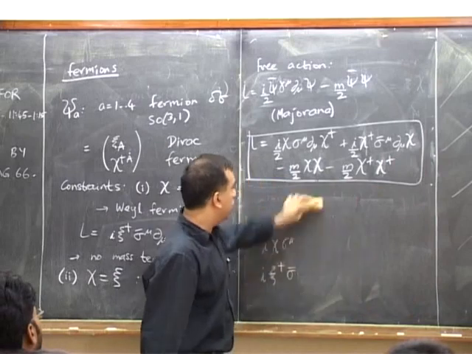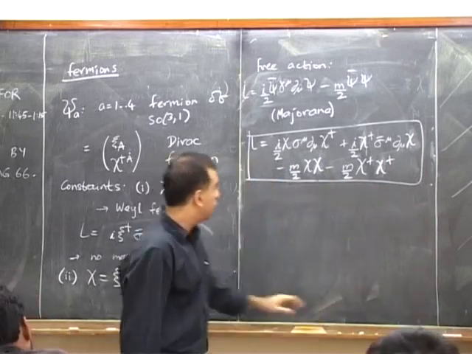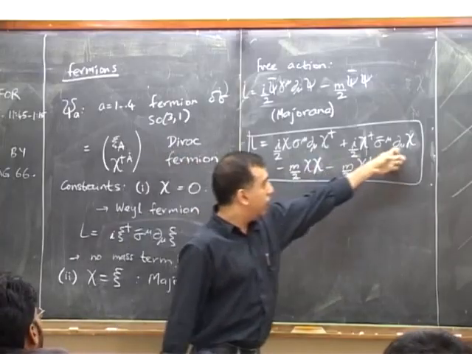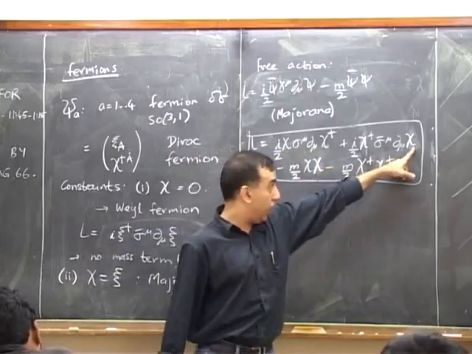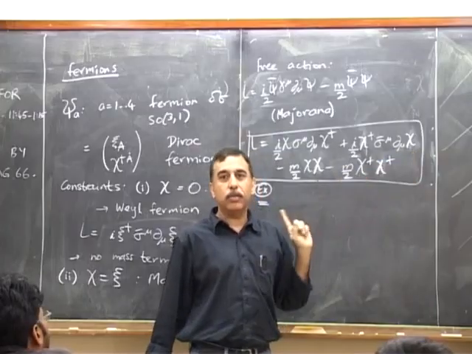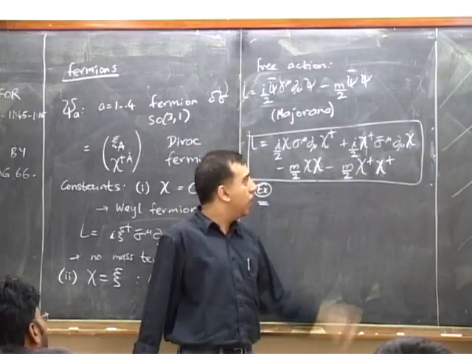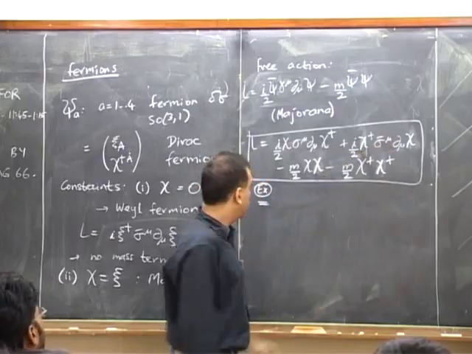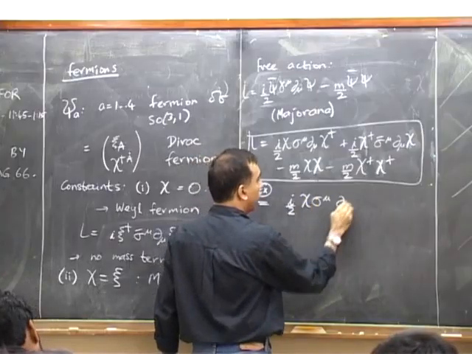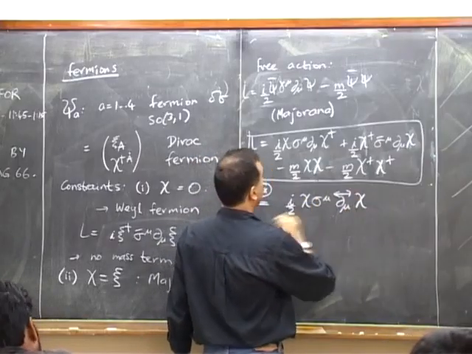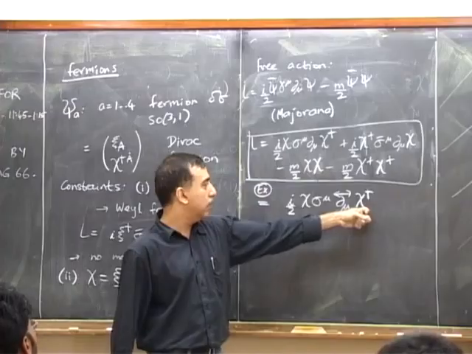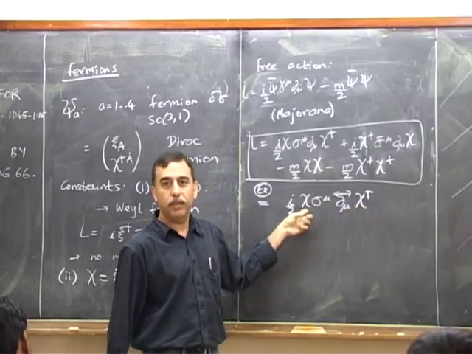Now this can be rewritten nicely. So here's an exercise. By taking this, you see here there's chi on the left, here there's chi on the right. If you take this chi to the left and that chi dagger on the right, and also take care of raising and lowering indices properly, this sigma bar will turn back into a sigma, and the first term, the kinetic term, will turn out to be i/2 chi sigma mu del mu double-sided on chi dagger, which means this term with del mu on that minus the same term with the del mu acting on the left.